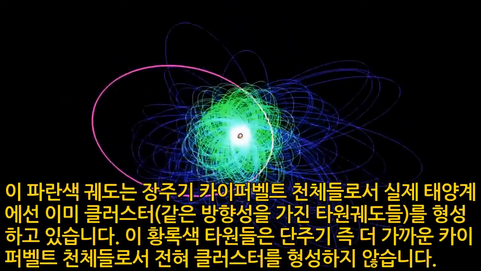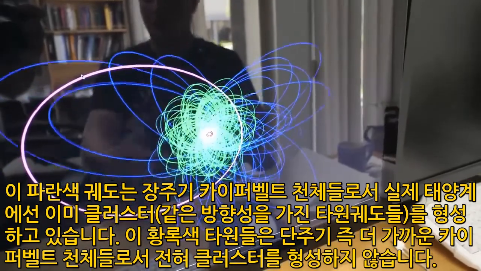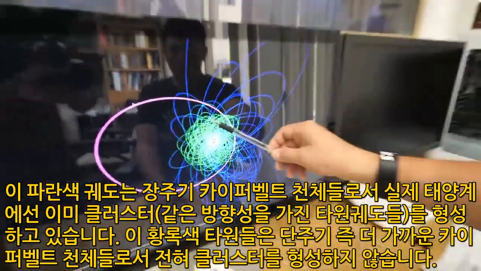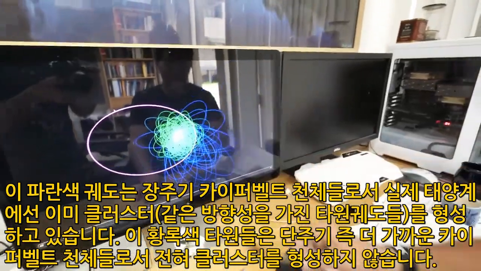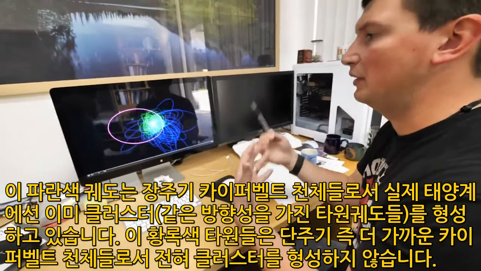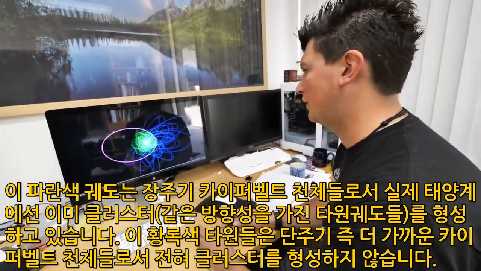These blue orbits are long period Kuiper Belt objects, the ones that in the real solar system we see the clustering among, and these gold or greenish ellipses are the more short period, more proximate members of the Kuiper Belt, which are not clustered at all.